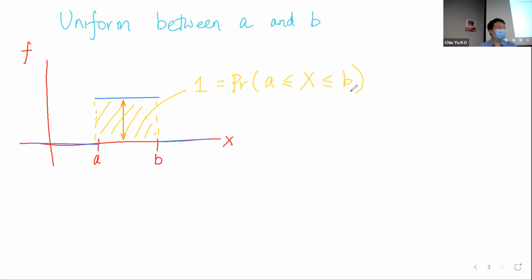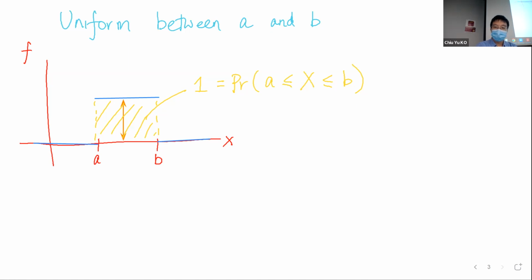Now we use our primary school math. The area is 1, and you probably remember how to calculate a rectangle: base times height is the area. Repeat, base times height.